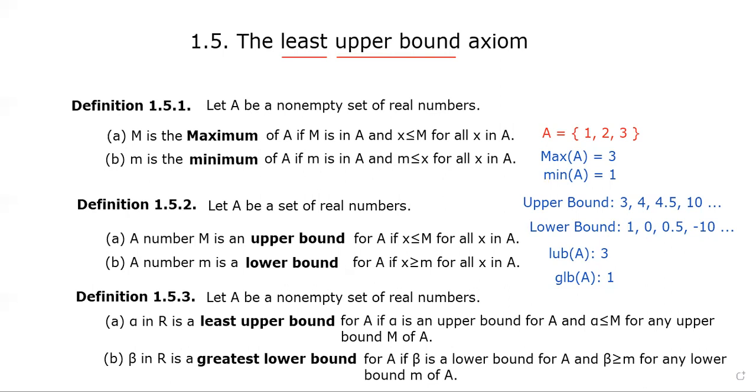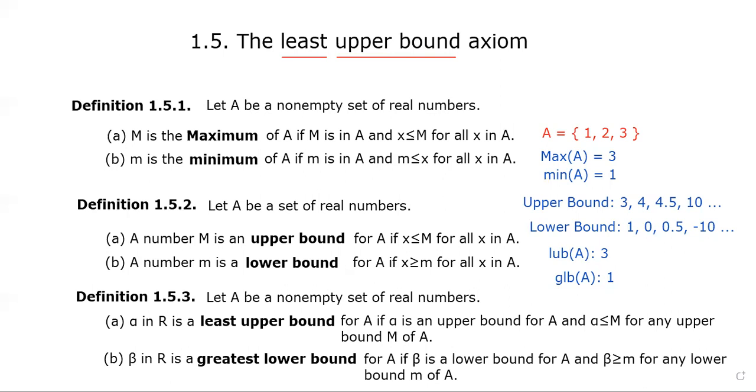The same thing goes for the greatest lower bound. We know that the lower bound is infinite values that bound the set from below. We have infinite values that you can bring that are less than or equal to the values of the set.